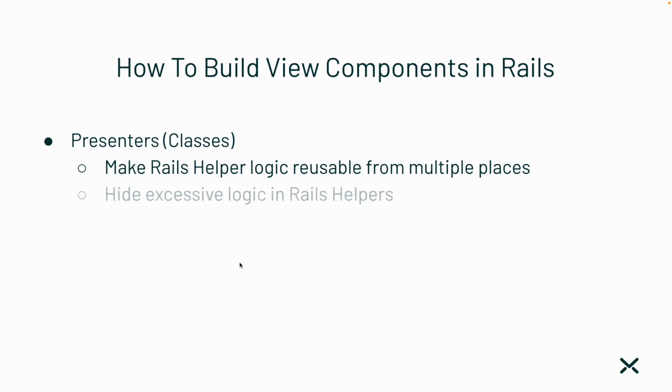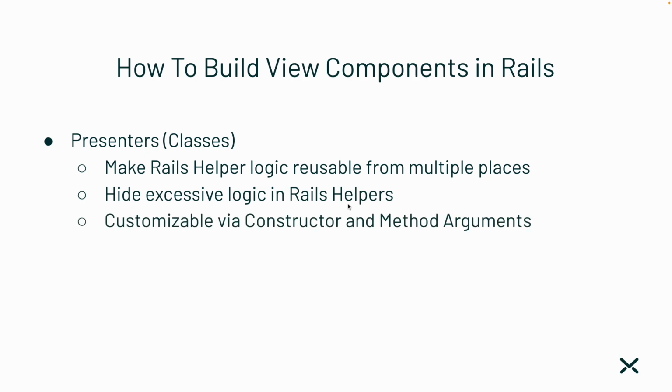So yeah, presenters are helpful also in making Rails helper logic reusable from multiple places instead of embedding it in one method. I can hide excessive logic in Rails helpers by creating presenter classes. Given that they're a full-fledged Ruby class, they're customizable either through the constructor, meaning the initialize method, or through method arguments for specific methods on the presenter, like one-line summary, that will do the work.